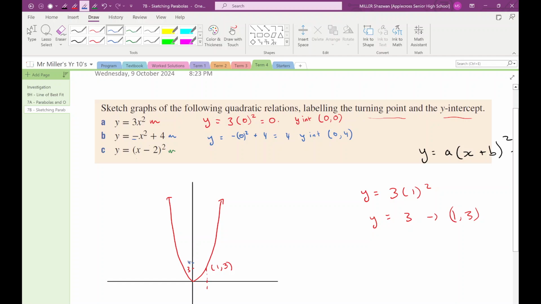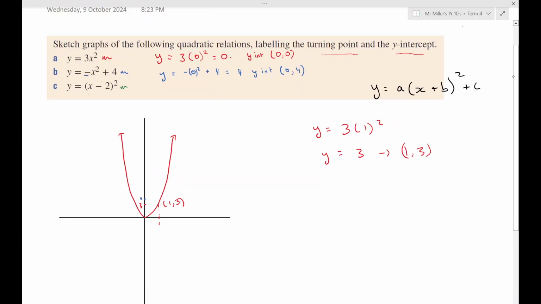All right, so this quadratic equation, according to the turning point format, we've reflected it about the x-axis based on that negative, and we've translated it 4 spaces up.